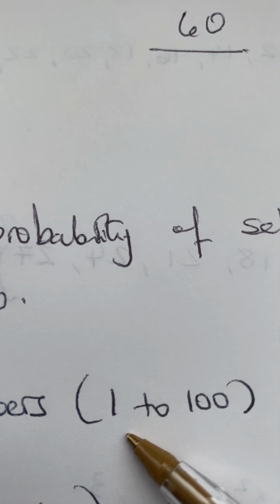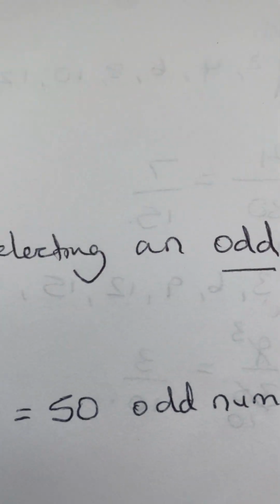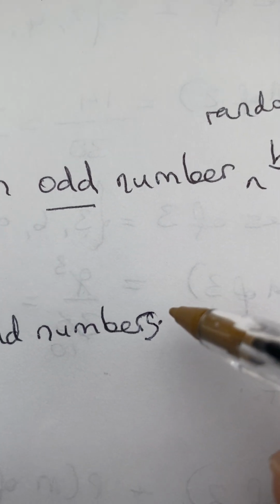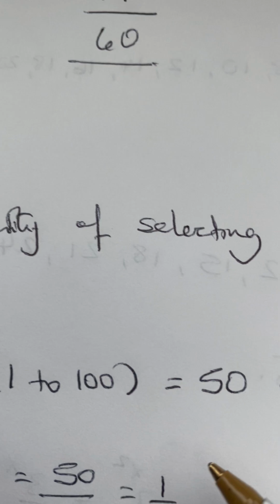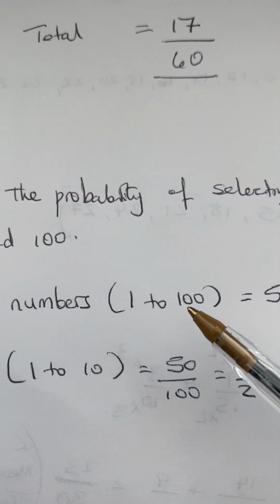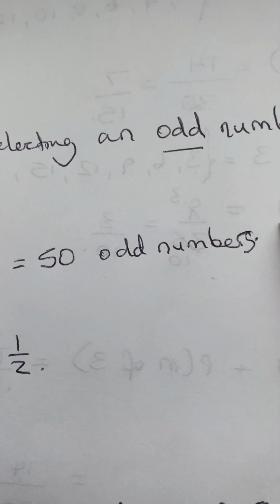Now between 1 and 100, you have 50 odd numbers. You can check.